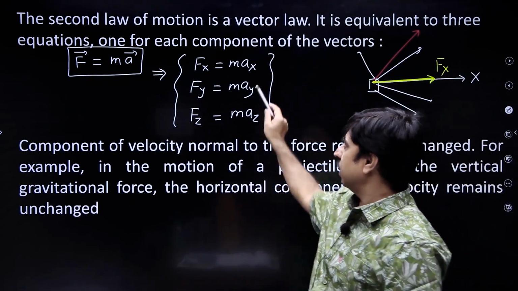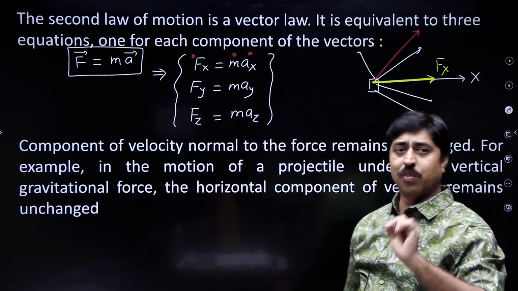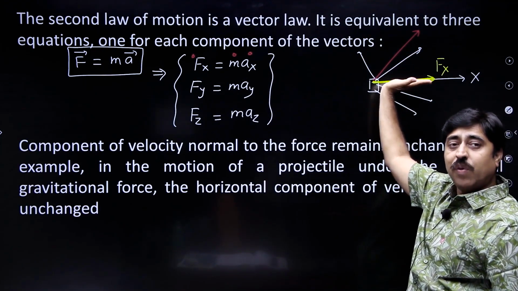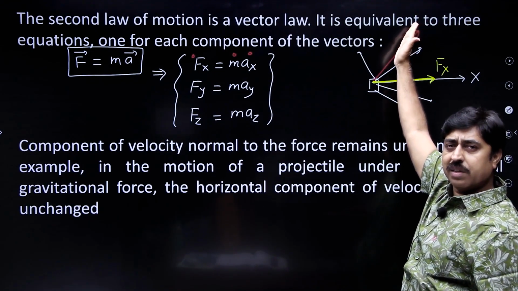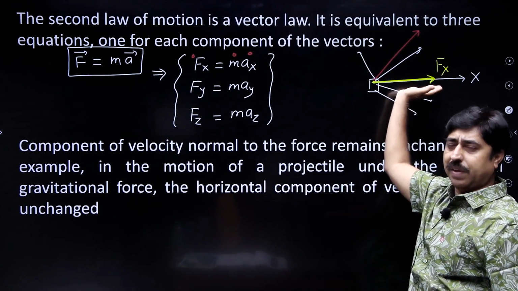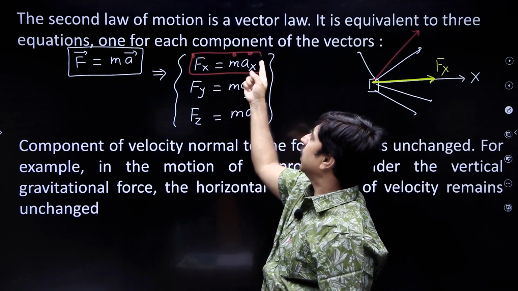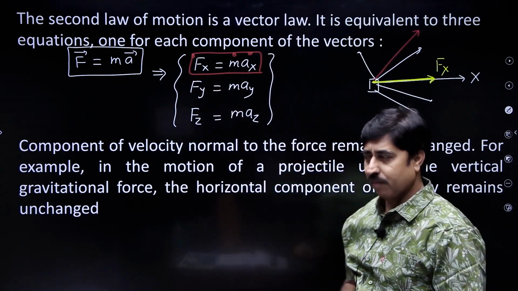X component of acceleration into mass is actually equal to x component of force. What I am saying again, there are many forces. We have to find net force in x direction. The body may be accelerated in this particular direction. We have to take the x component of acceleration. So, x component of acceleration is basically x component of force divided by mass of the body.